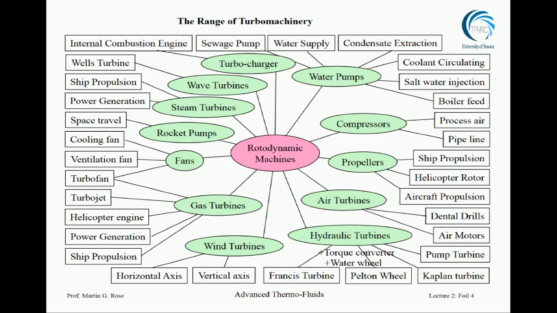I won't read all the boxes around the outside. These are examples of the group that I'm referring to. But hopefully you can see that there's a vast range of different products in here, and they're all using the Euler work equation. They're all putting energy into a fluid or taking energy out of a fluid, and in principle at high efficiency. Some of them are less efficient, but in principle at high efficiency.